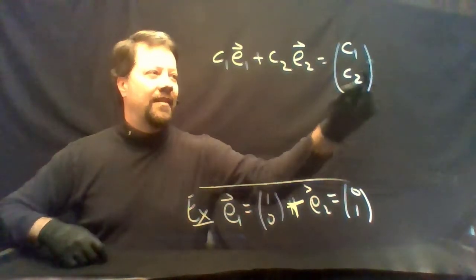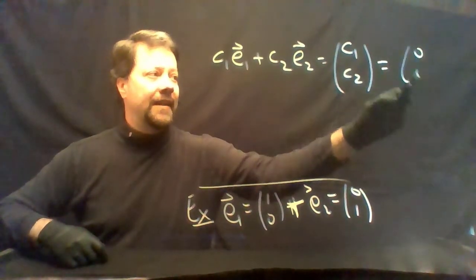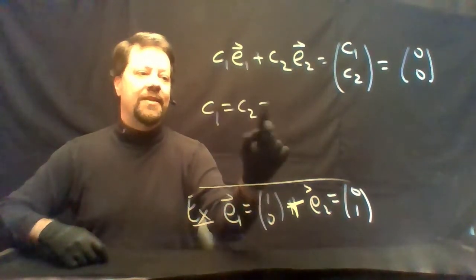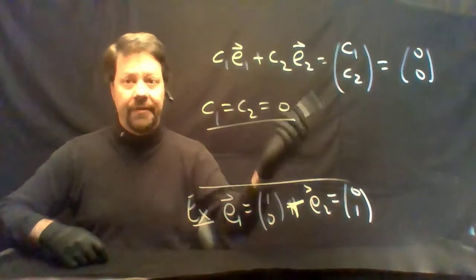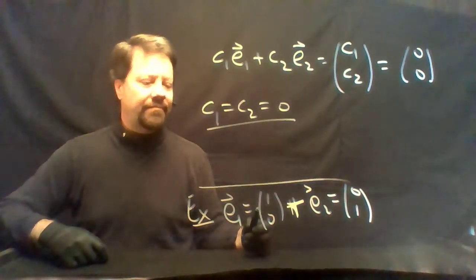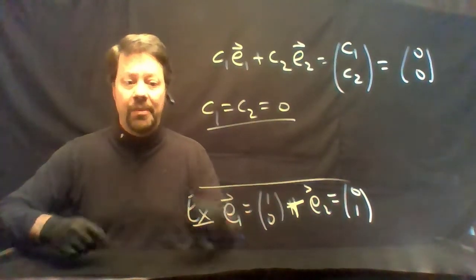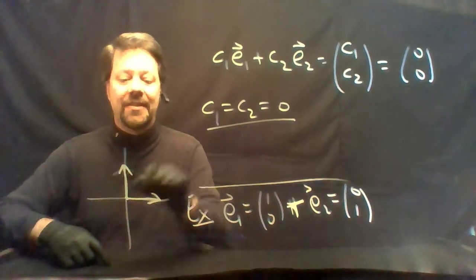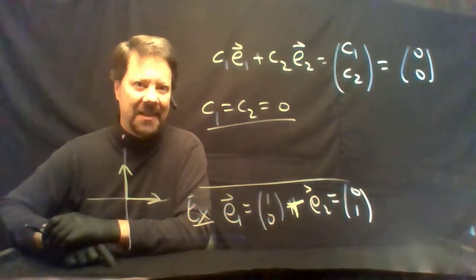If that equals the zero vector, that's true if and only if c1 and c2 are 0, the trivial linear combination. e1 and e2 are your prototypes for vectors pointing in non-parallel directions in the xy plane.